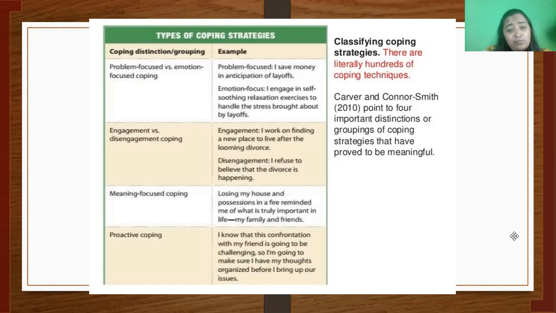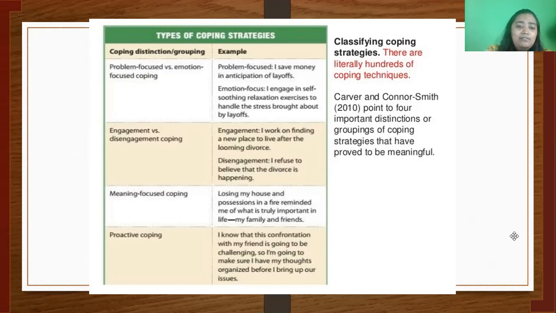Then engagement and disengagement coping, where in engagement, I work on finding a new place to live after the looming divorce. You're trying to engage and cope with that thing. Whereas in disengagement, you do not want to believe that such an event occurred, and you're trying to avoid that situation, like, I refuse to believe that the divorce is happening.